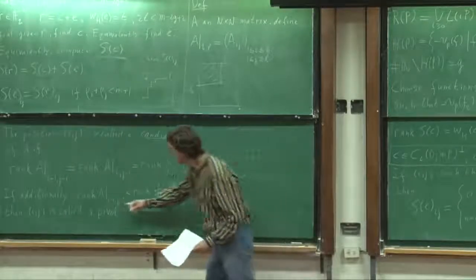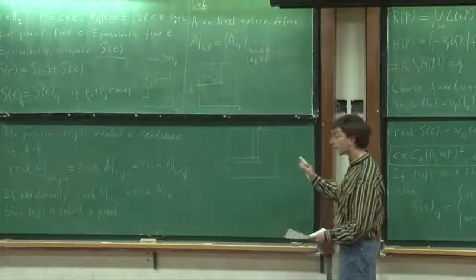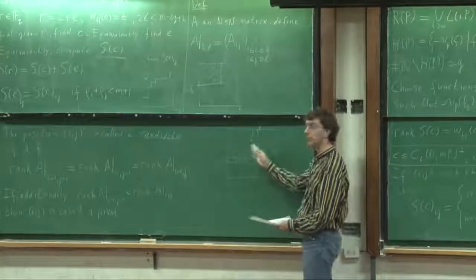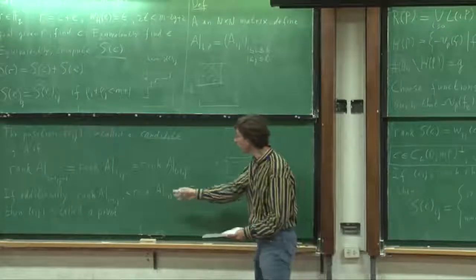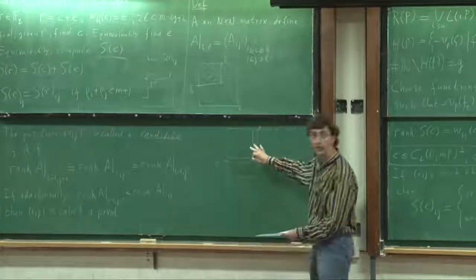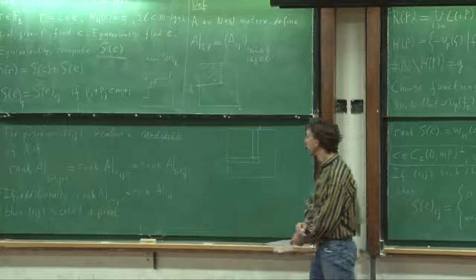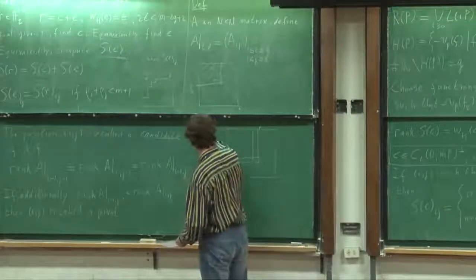Now these pivots have been well studied because they come up when you are doing Gaussian elimination. So the number of pivots, for example, is exactly the rank of a matrix. So that is the meaning of these words.